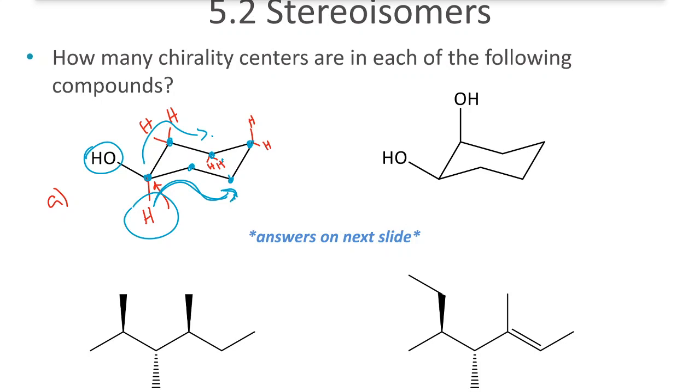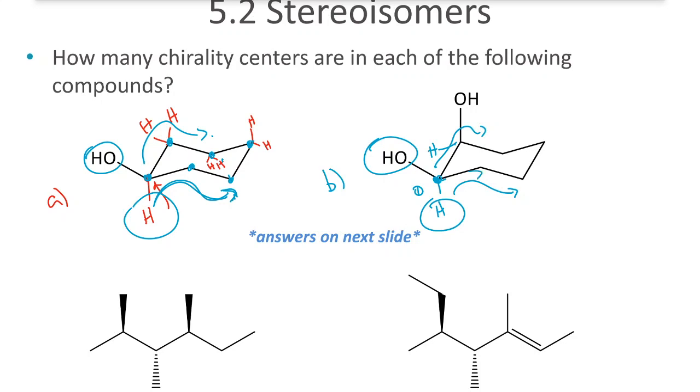So let's look at molecule B. We have this OH group here. Let's call this carbon 1. Now this carbon has hydrogen, OH, this path around the molecule, and the upper path. These two paths are different.